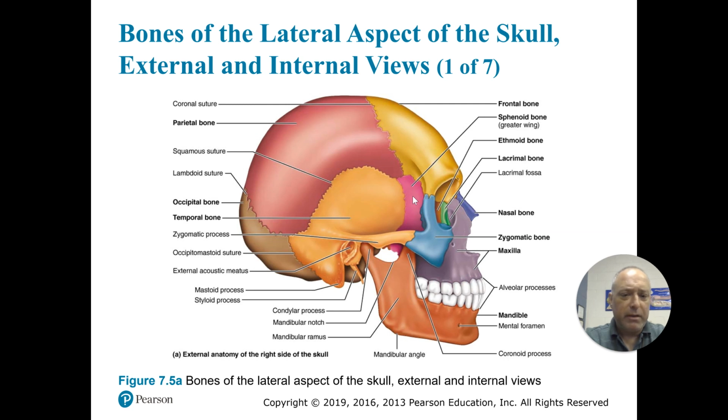We can make out the wing of the sphenoid, the greater wing. We can make out part of the ethmoid, as well as the lacrimal bone, the one that follows the lacrimal duct. And then the nasal bone, zygomatic bone, maxilla, and mandible.